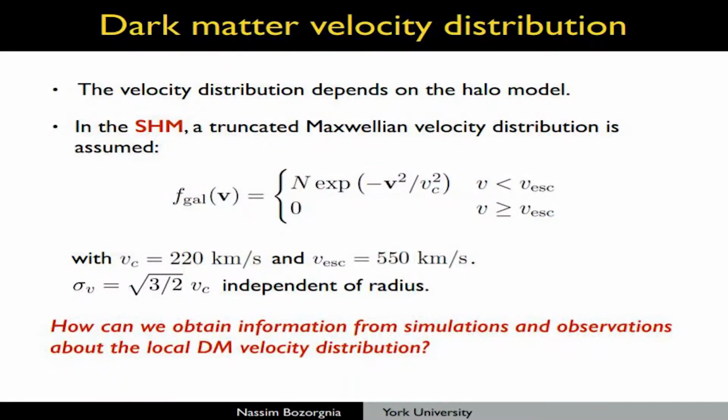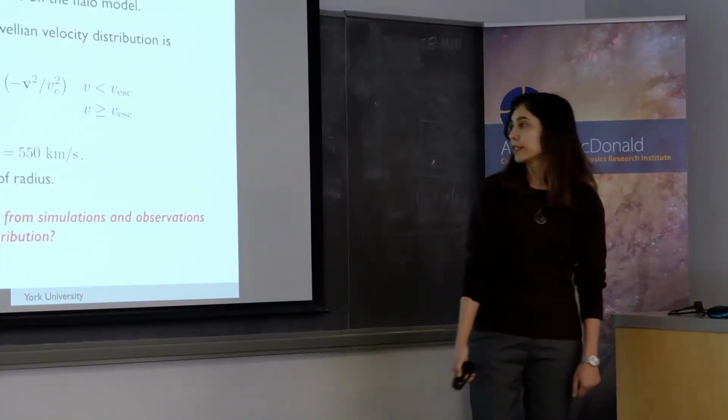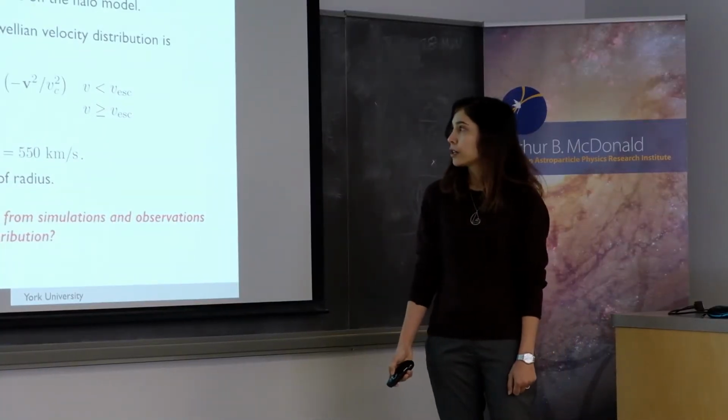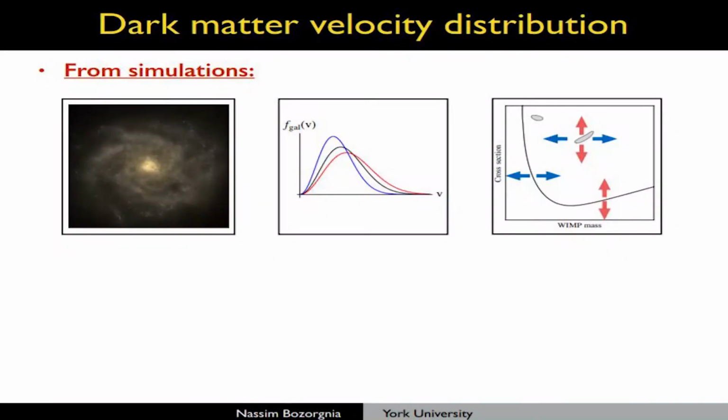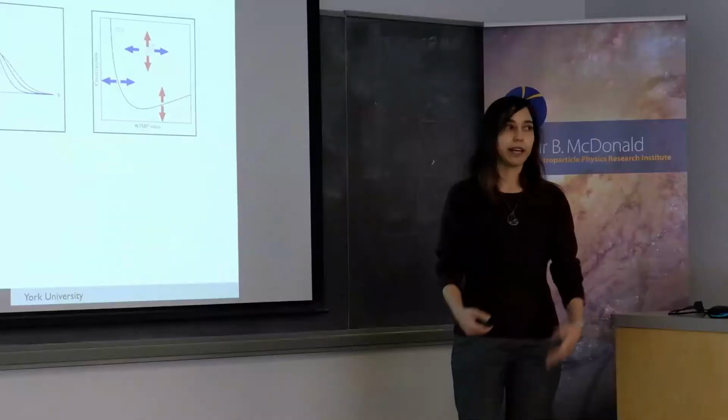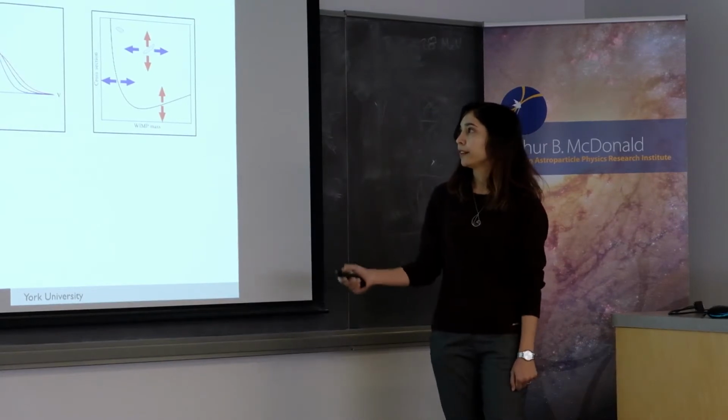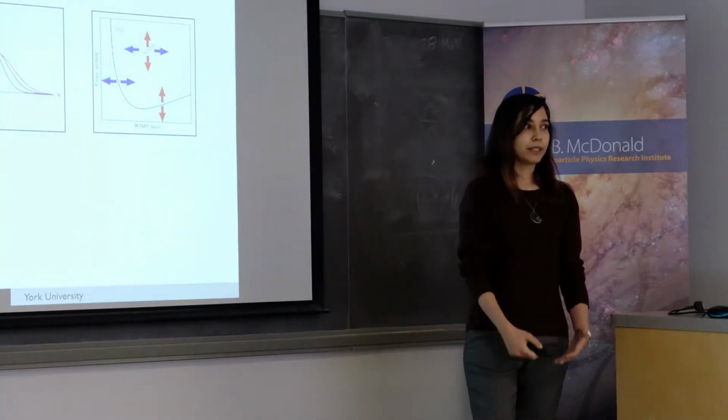So how can we obtain information from simulations and observations about the local dark matter velocity distribution? From simulations, what is usually done is that you go to one of these large cosmological simulations. It's better to have many halos to look at. You identify the ones which you think are Milky Way-like.